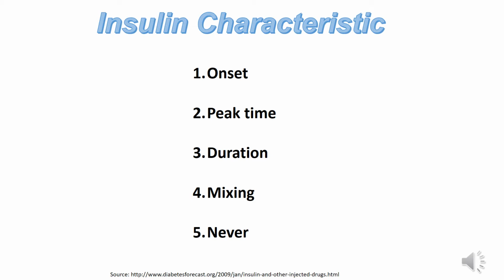The second one is peak time, which is the time during which insulin is at maximum strength in terms of lowering the blood glucose. And then sometimes we hear about duration of insulin, and duration means how long the insulin continues to lower the blood glucose.